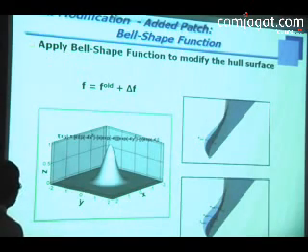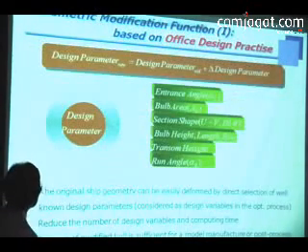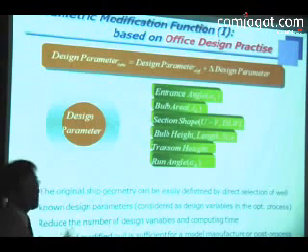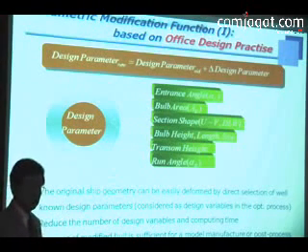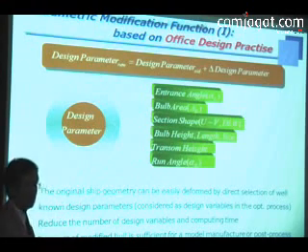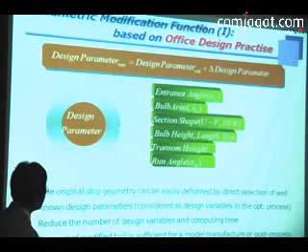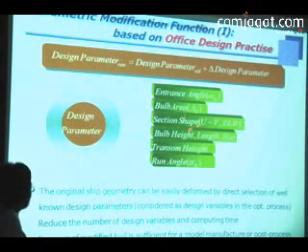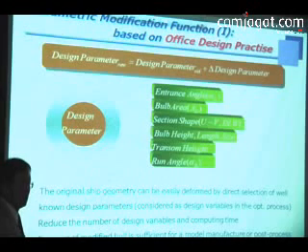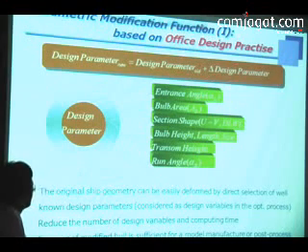Based on this, this is the design parametric modification function. In the previous one, geometry is modified using a modification function, but this is a parameter. For example, entrance angle, bulb area, section shape, bulb height, stem height. This kind of parameter is changed using a parametric modification function. So design parameter plus this is the perturbed design parameter.